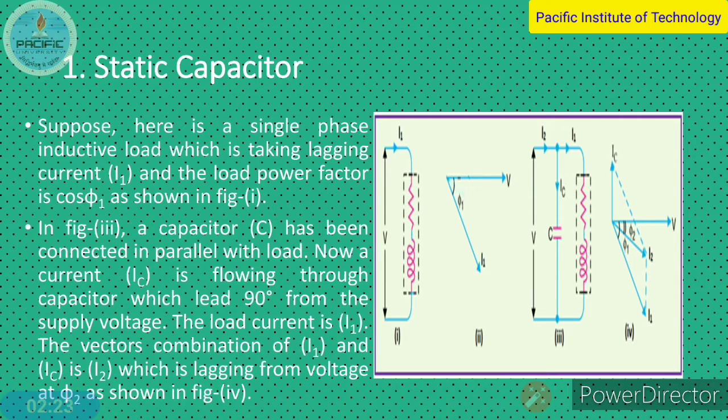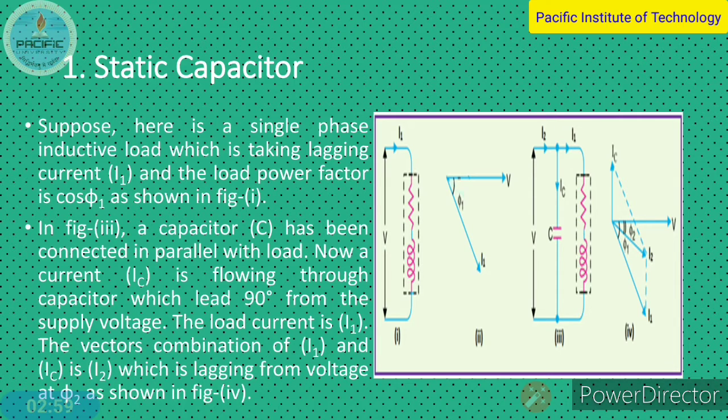Due to this load, our current I1 is lagging the voltage by angle phi1. In the third diagram, when a capacitor C is connected across the load RL, the capacitor draws a current IC. The load draws current I1, the same as before, and the voltage source is supplying current I2.